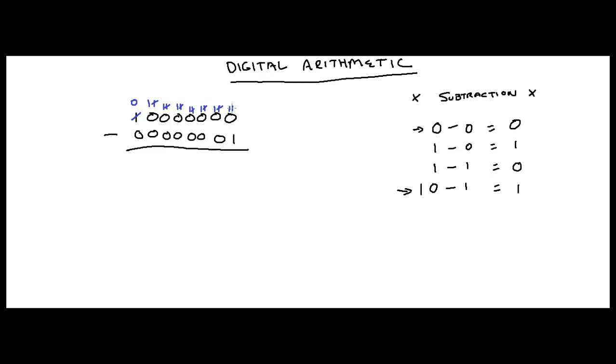Well, you have 2 1s here, and you're subtracting 1 1 here, so this 1 is going to consume that 1, and you're left with 1, so that's going to be a 1.